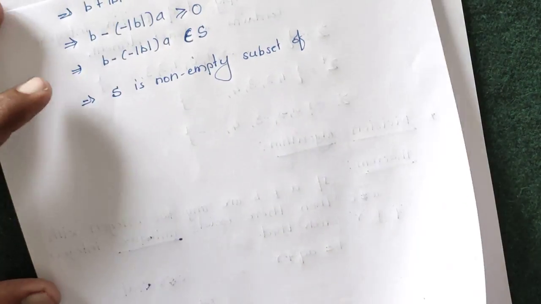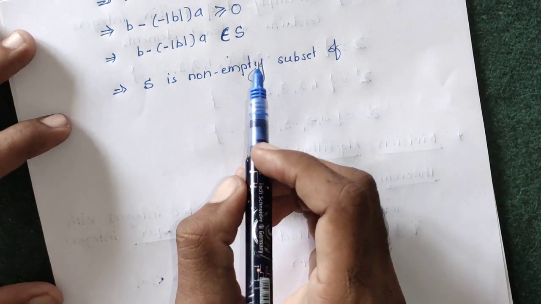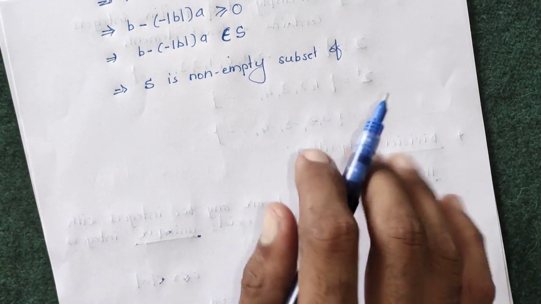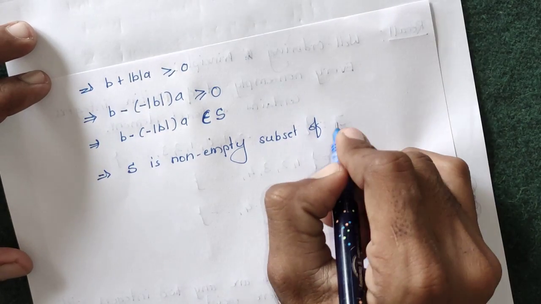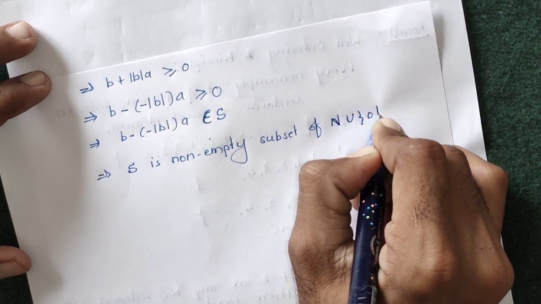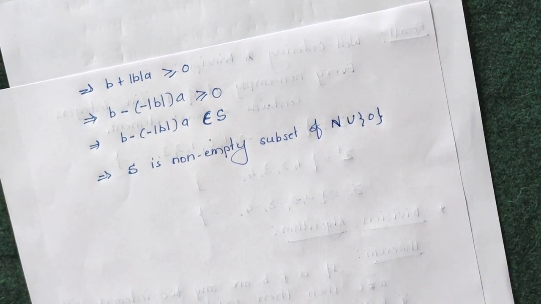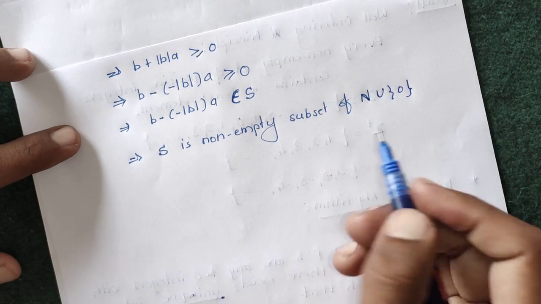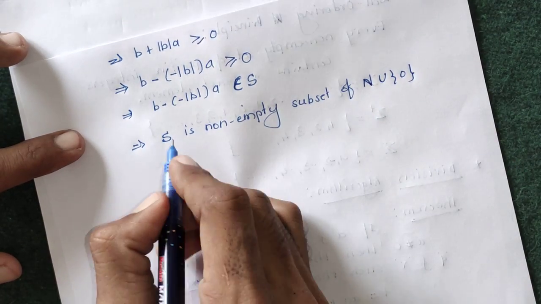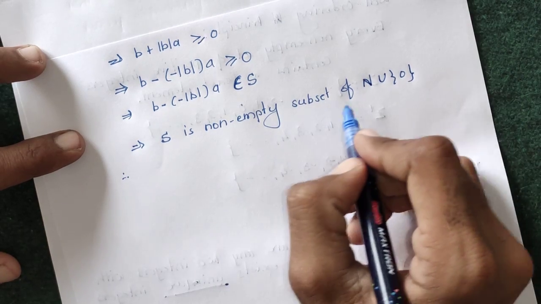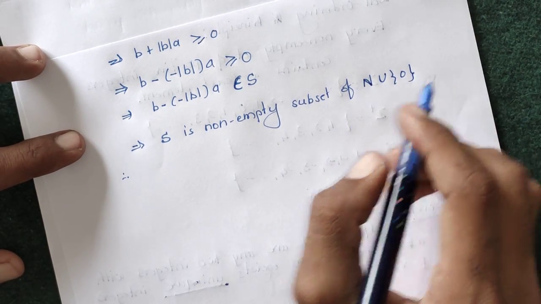So our set S, that is the b minus aq set, is non-empty and is a subset of positive integers, or we can say a subset of the set of natural numbers union singleton 0. This is nothing but the set of positive integers. Or you can write this is a non-empty subset of positive integers.